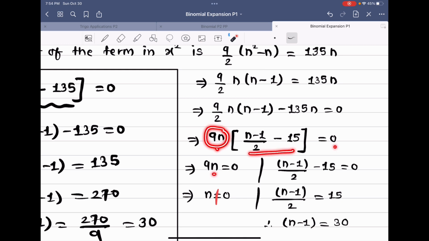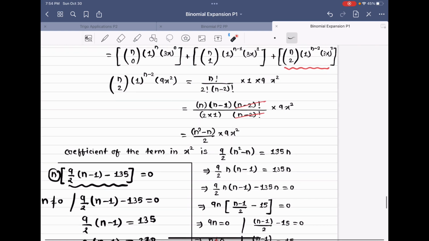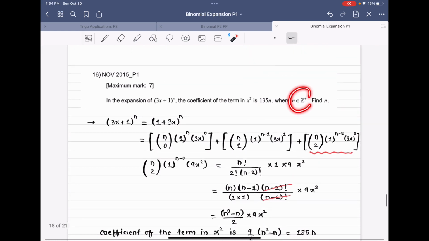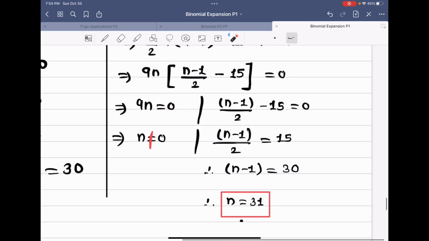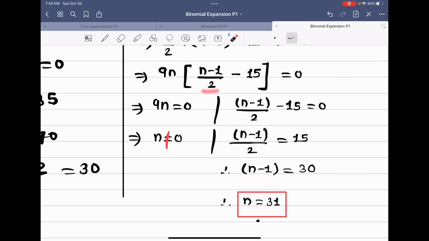So 9n is equal to 0, so n is equal to 0. n cannot be equal to 0 because they said n has to be a positive integer, and 0 is not a positive integer. So you are left with (n minus 1) upon 2 minus 15 is equal to 0. Keep (n minus 1) upon 2 as it is. Minus 15 taken on this side becomes positive 15. Multiply both sides by 2. 2 and 2 get cancelled. So n minus 1 is equal to 30. So n is equal to 30 plus 1 is 31.